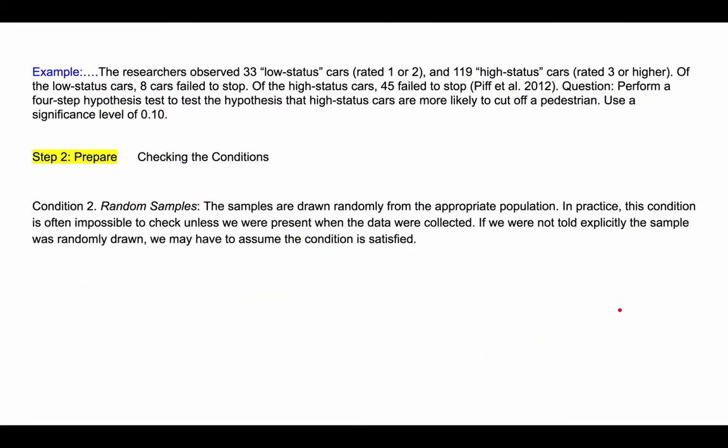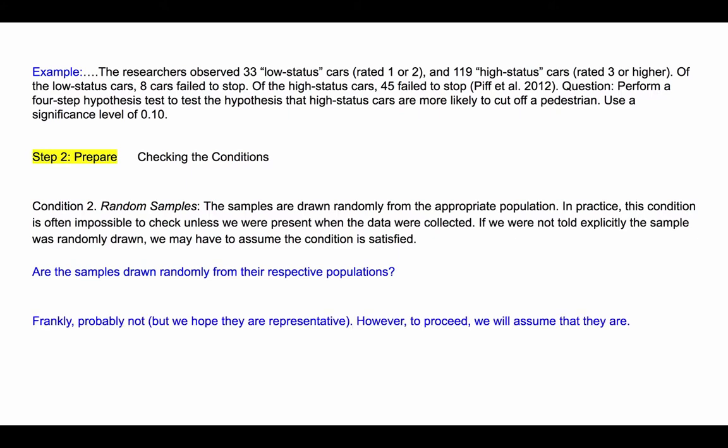Now condition 2 is that the samples are drawn randomly from the appropriate population. So in practice, this condition is hard to check. We talked about that in another video. Are the samples drawn randomly from their respective populations? Frankly, probably not.